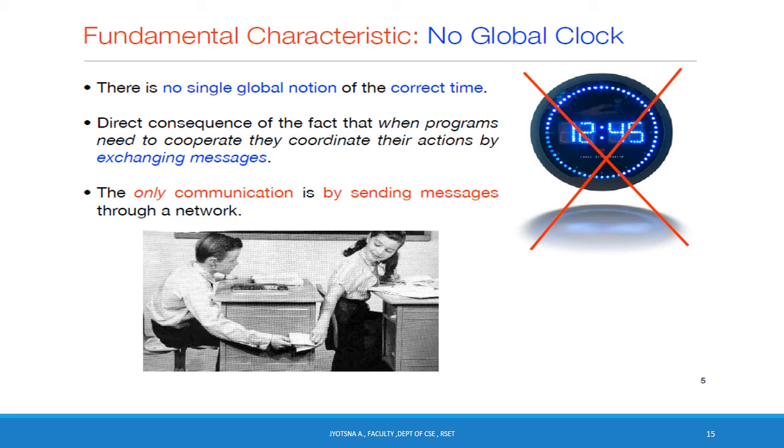Each node has its own clock. However, the clocks need to be synchronized for the programs to coordinate and cooperate, right? This is a direct consequence of the fact that when programs need to cooperate, they coordinate their actions by exchanging messages through a TCP/IP network. The only communication is by sending messages through a network.